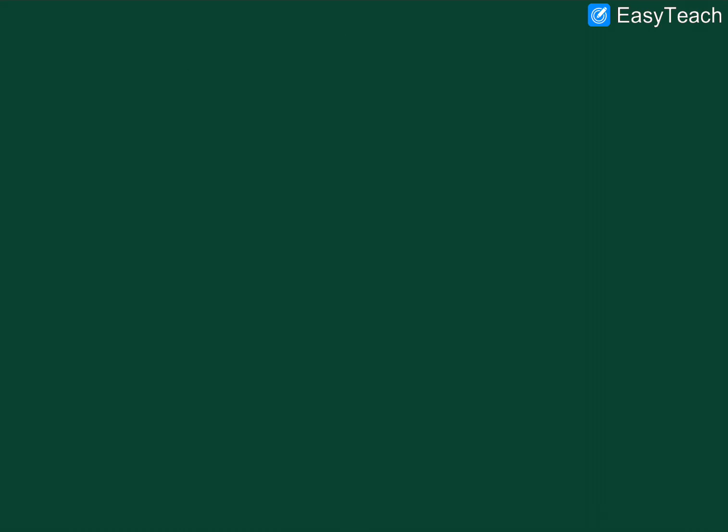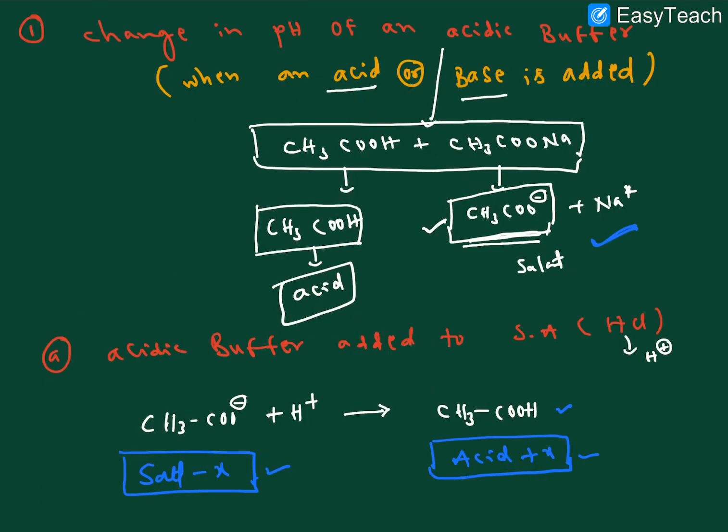Right, next one. This is the change in pH whenever acid is added to the acidic buffer solution. And when we add a base, the second case: an acidic buffer solution added to a strong base, what happened? Already we know the compounds present: acetic acid and acetate ion.